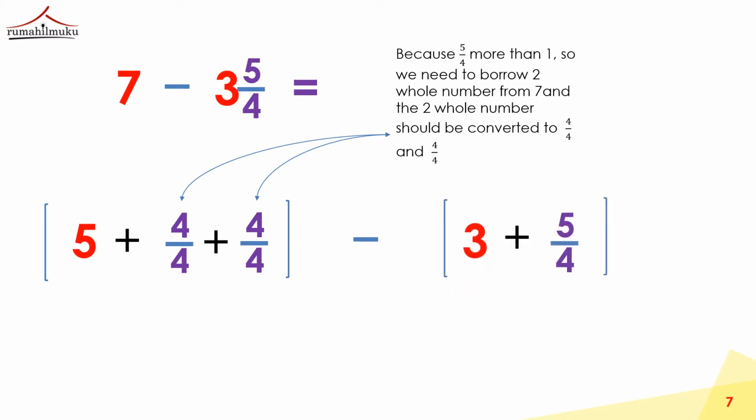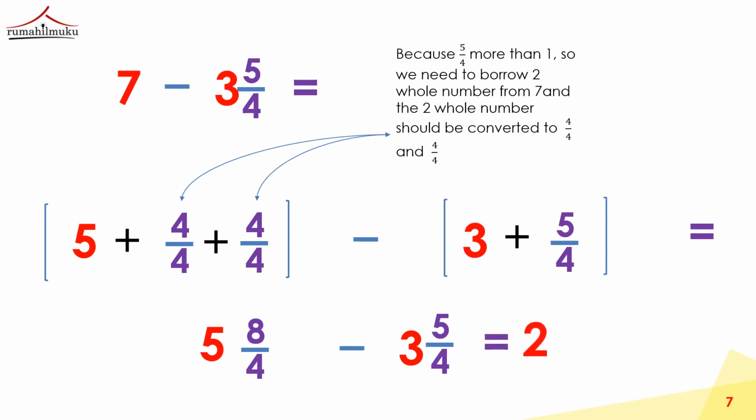So it equals 5 wholes and 8/4 minus 3 wholes and 5/4. So 5 wholes minus 3 wholes equals 2 wholes, and 8/4 minus 5/4 equals 3/4. So the answer is 2 wholes and 3/4.